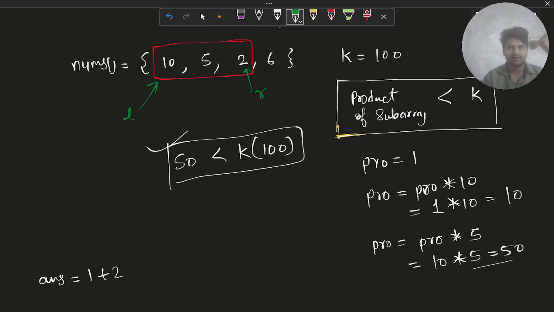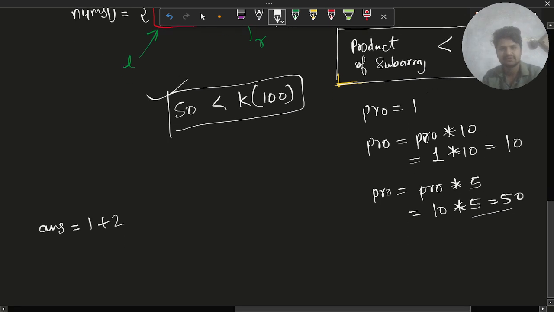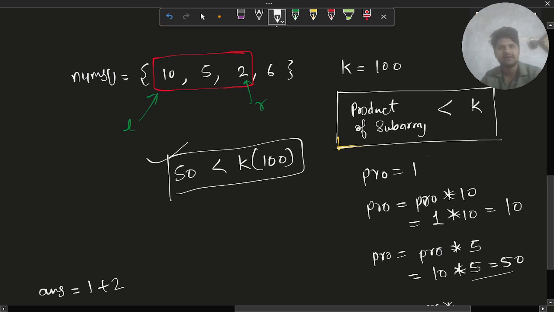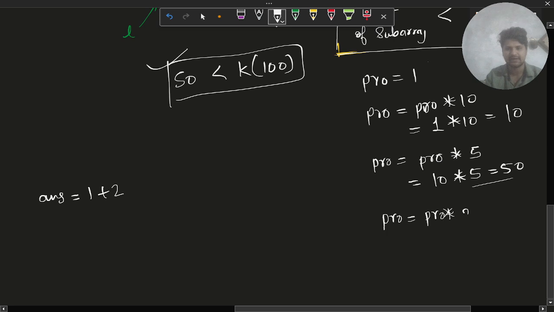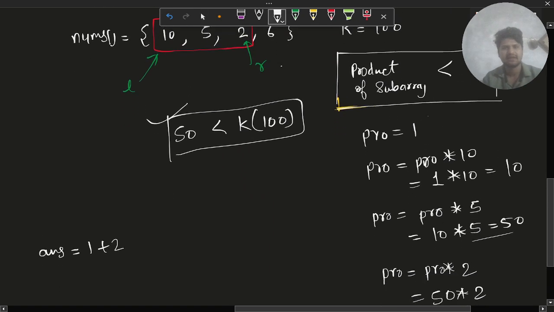Now we have to calculate the product, which is the previous product times the new element you have added. What is that? It is 2. The previous product was 50, and 50 times 2 gives you 100. Now compare this 100 with k.